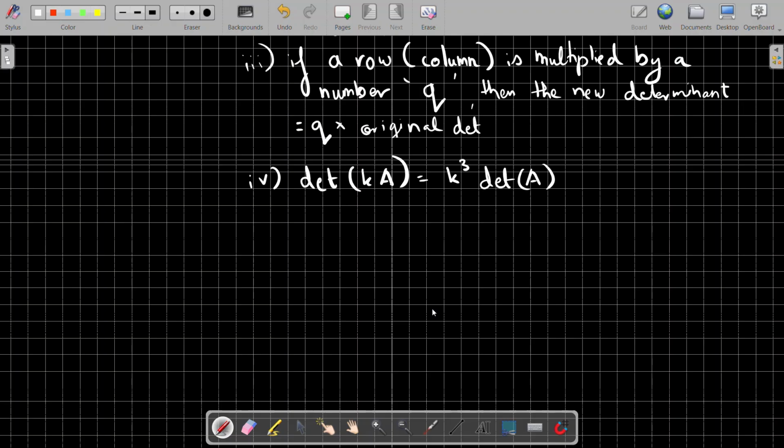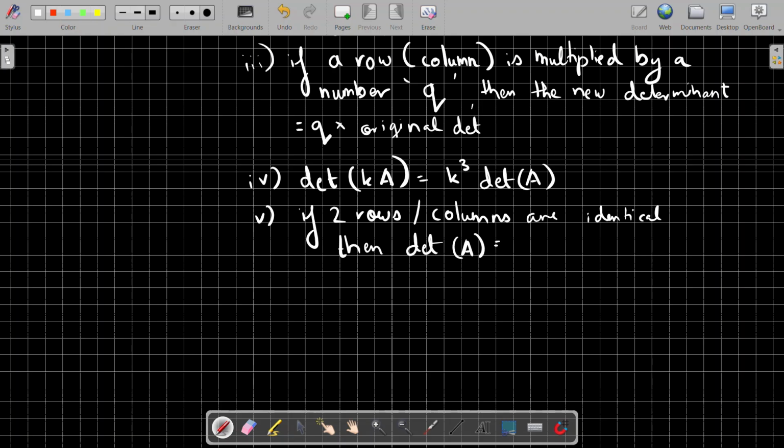Now if two rows or columns are identical, then the determinant of A becomes 0.